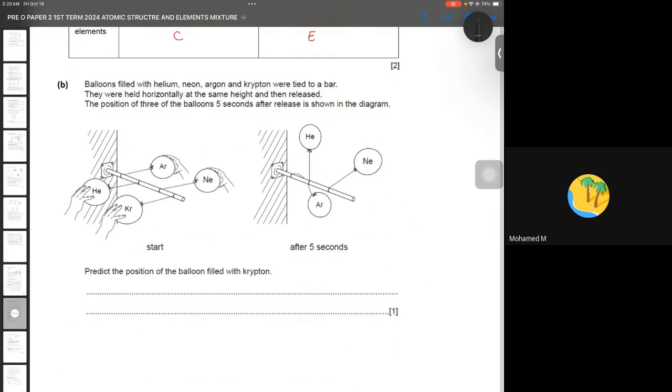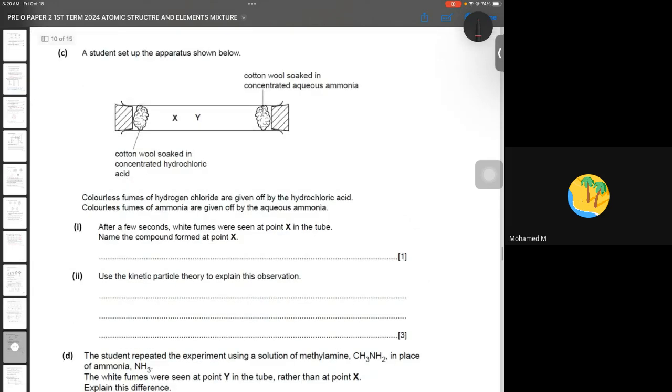Krypton would go below argon because its mass number is greater, due to greater mass. Nice.